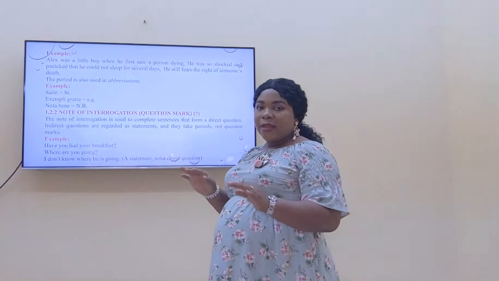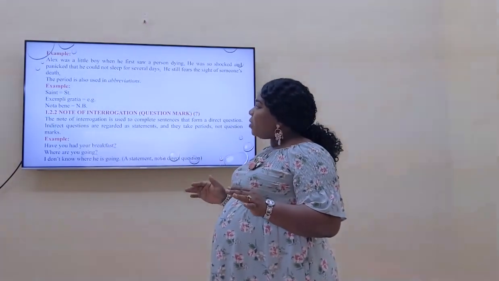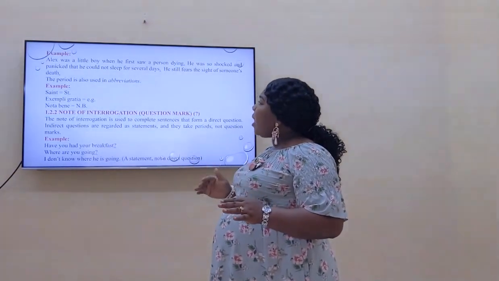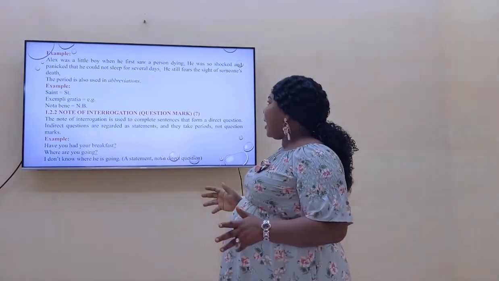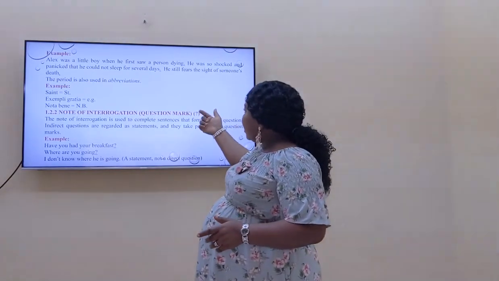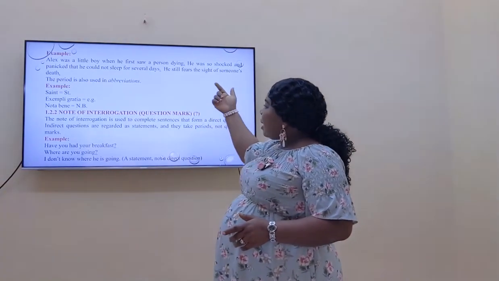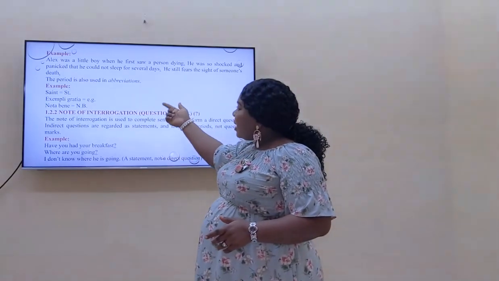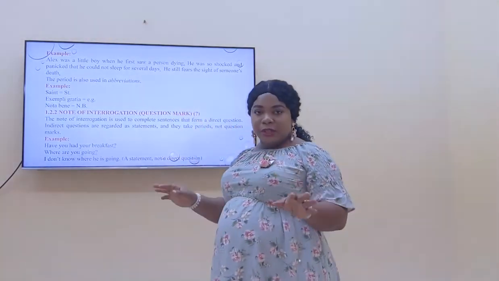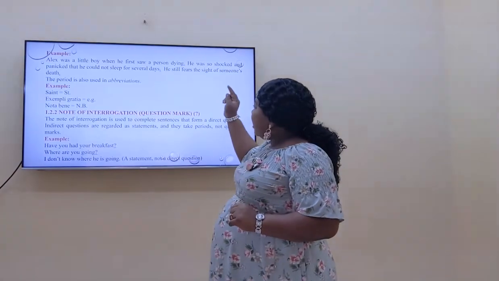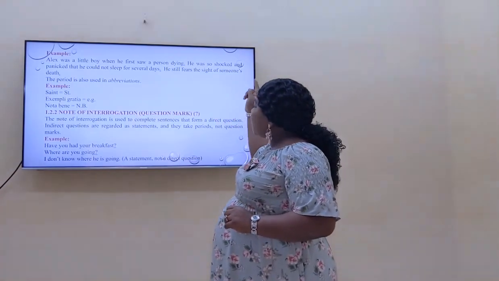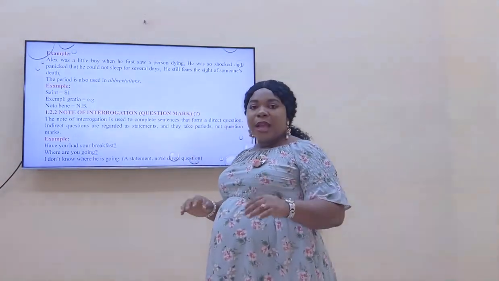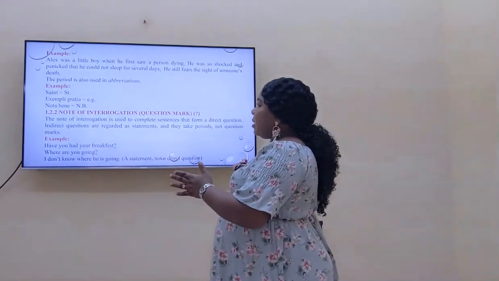Full stop. That's a complete sentence. You start the next sentence: He was so shocked and panicked that he could not sleep for several days. Full stop. See that? He still fears the sight of someone's death. Full stop. These are three sentences, okay?